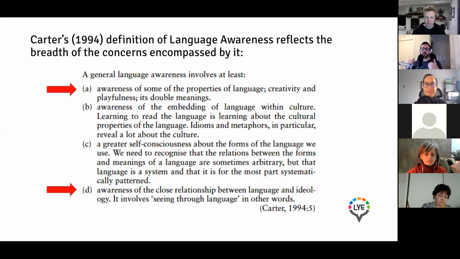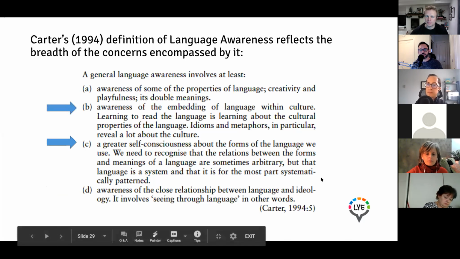That kind of thing really shows that they're developing this creative property. And as everyone has said, this importance attached to awareness of language, and as Danny said here, political discourse or ideology. But I want everyone to look at B and C.